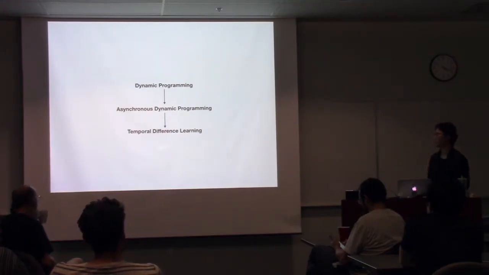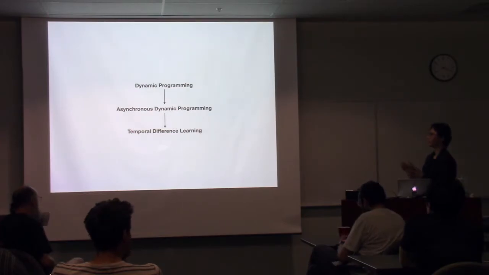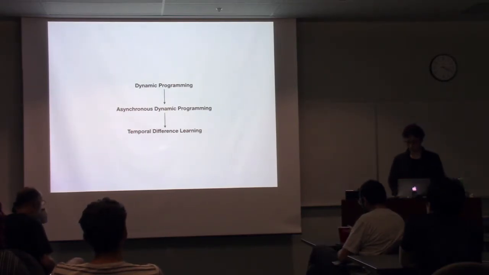It's very interesting that for every TD learning algorithm, you can find its counterpart in dynamic programming or asynchronous dynamic programming. And the convergence property of the TD learning method is highly related to its counterpart in DP or ADP.